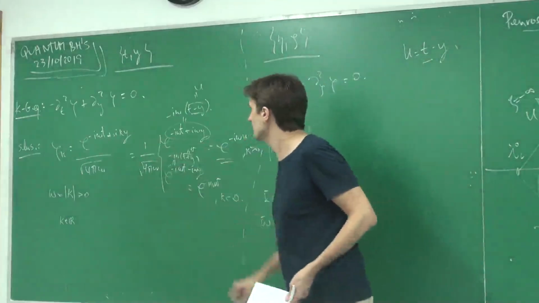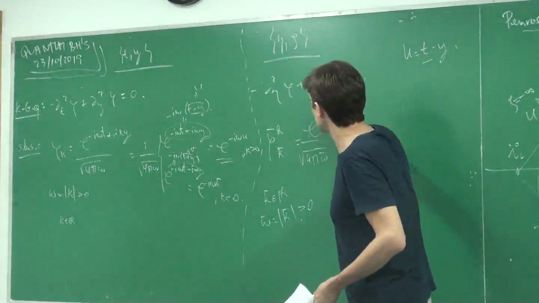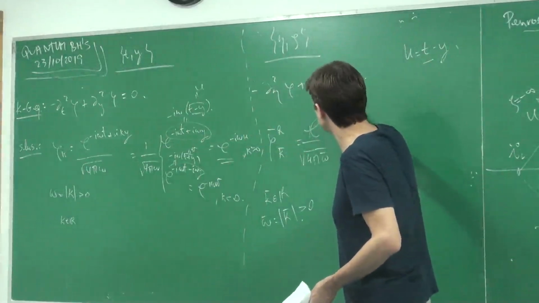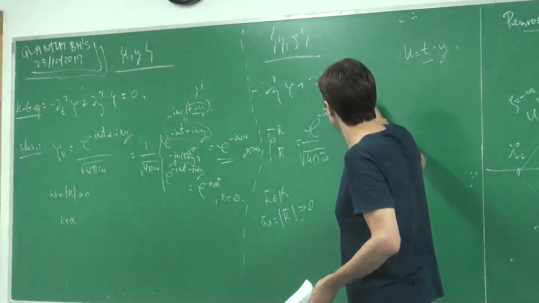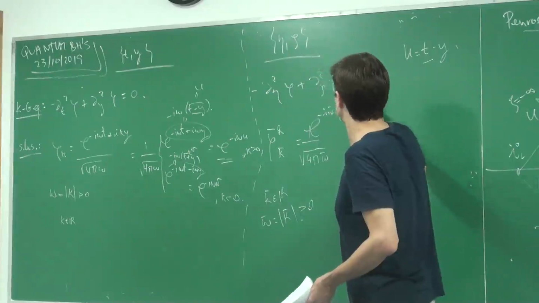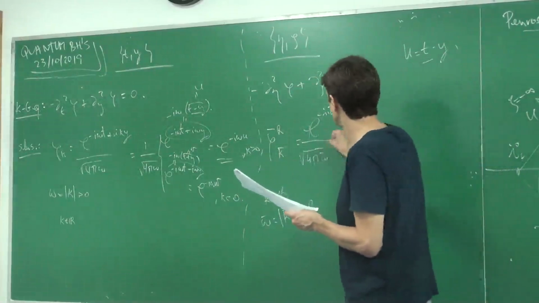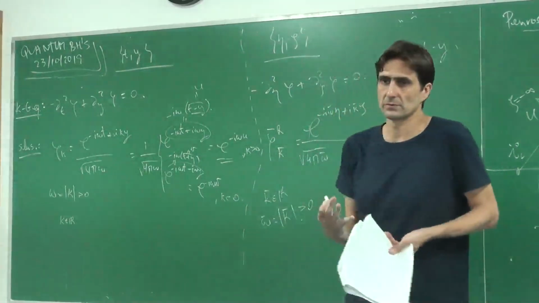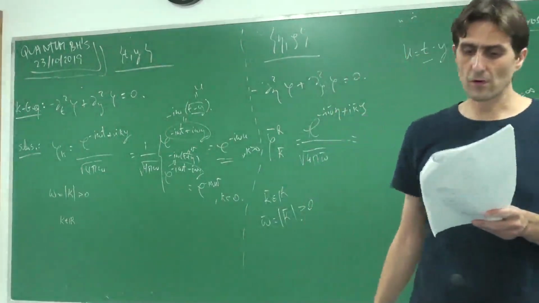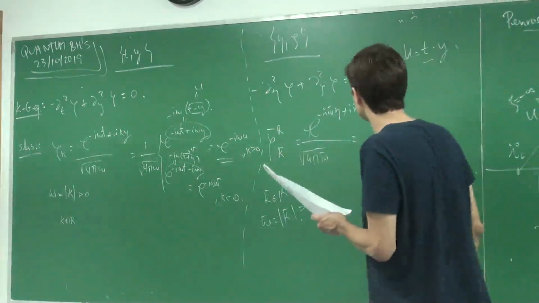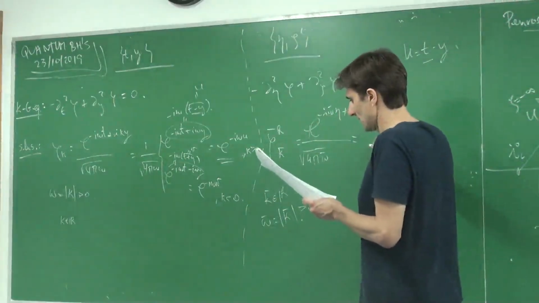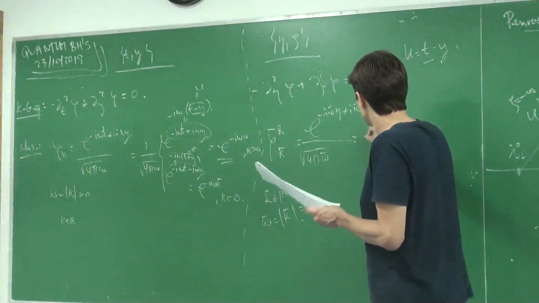Formally it's exactly the same, so it's going to be exponential of minus I omega bar eta plus I k bar zeta. Just formally the same solution.